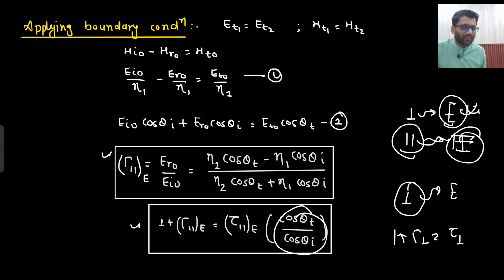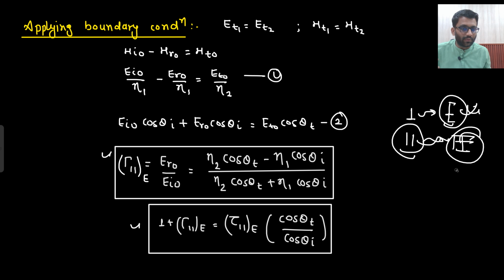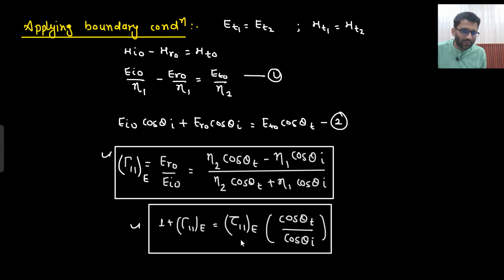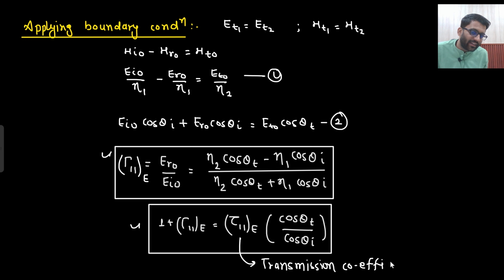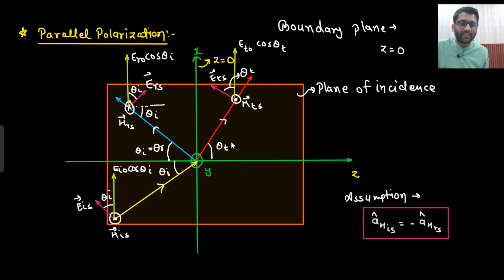Now here you will have doubts: sir, whether cos theta i should come upward or cos theta t should come upward. So what is tau? Tau is the transmission coefficient, and transmission is related with theta t, not theta i, because this is the transmitted wave, no?